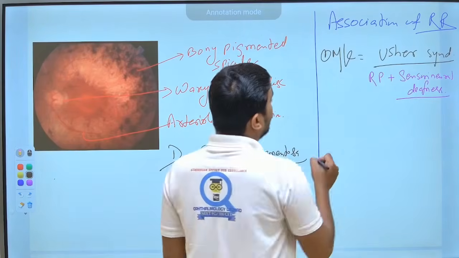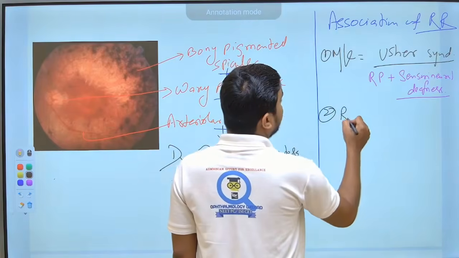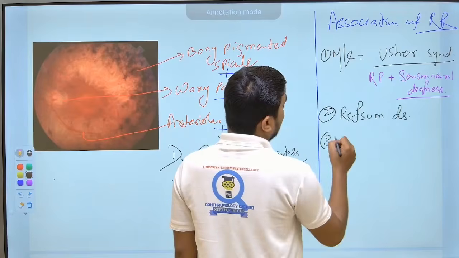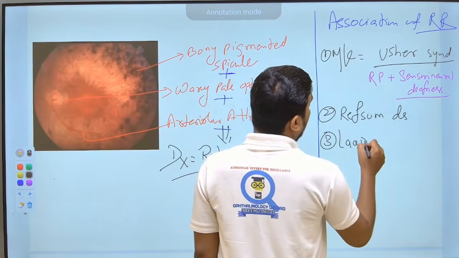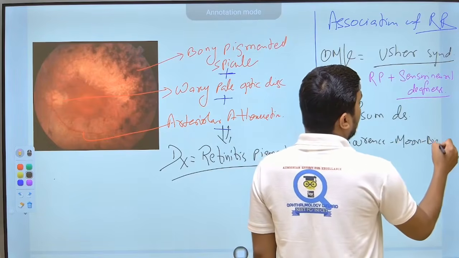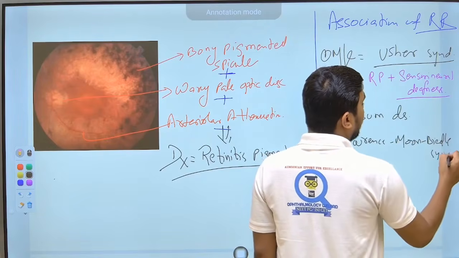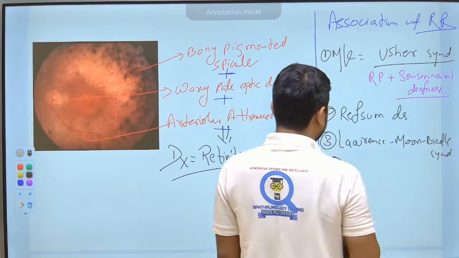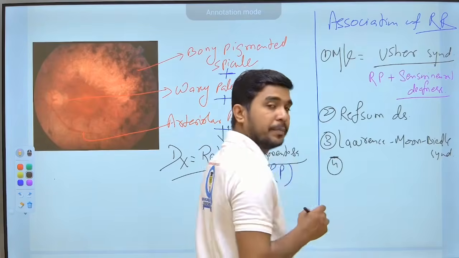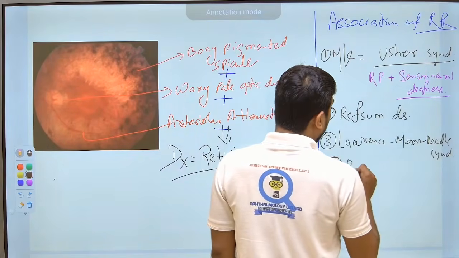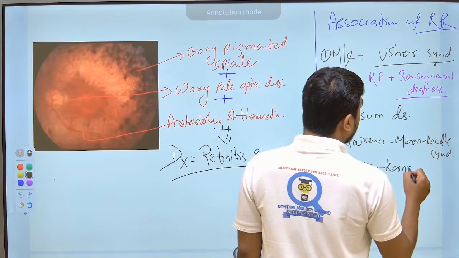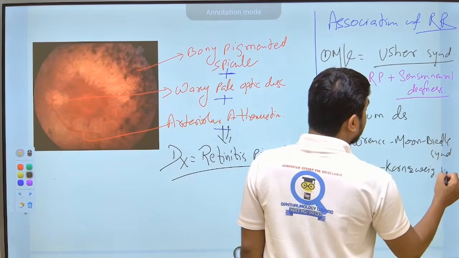Other things that you need to know are Refsum disease, Laurence-Moon-Biedl syndrome, and what else? Bassen-Kornzweig syndrome.